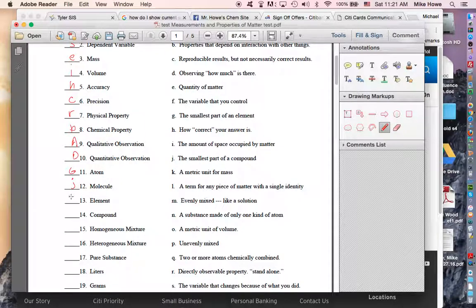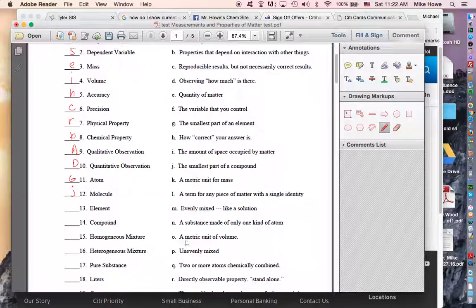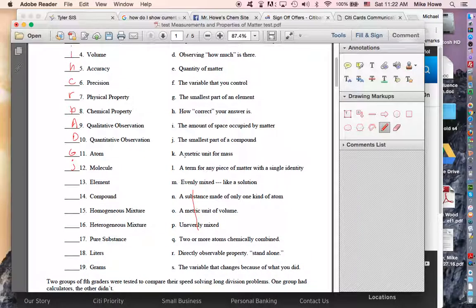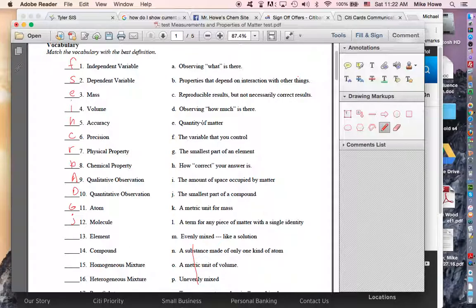Okay, an element is something that's only one kind of atom. And so they're pure substances, one kind of atom. I'm looking over here on the chart. Whoops, didn't aim to write there, just ignore that. One kind of atom. Do we see that choice over here?